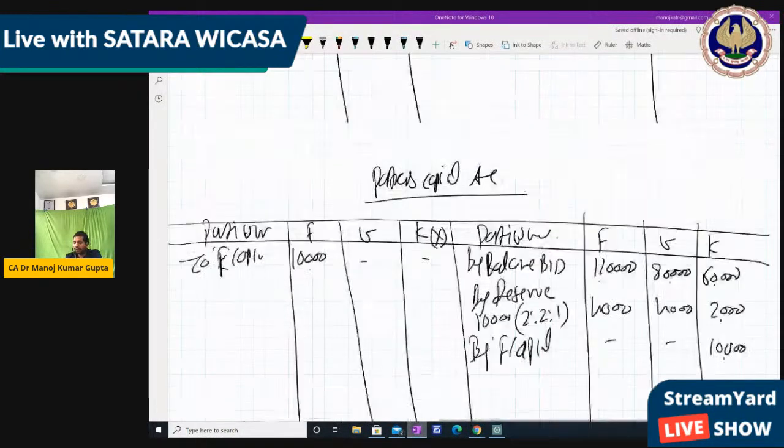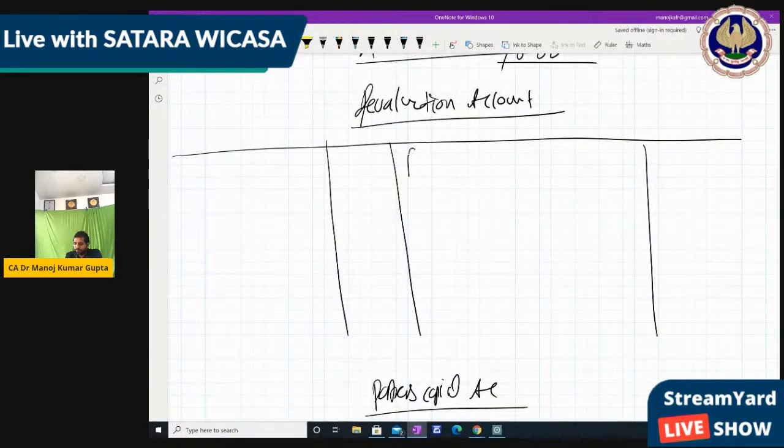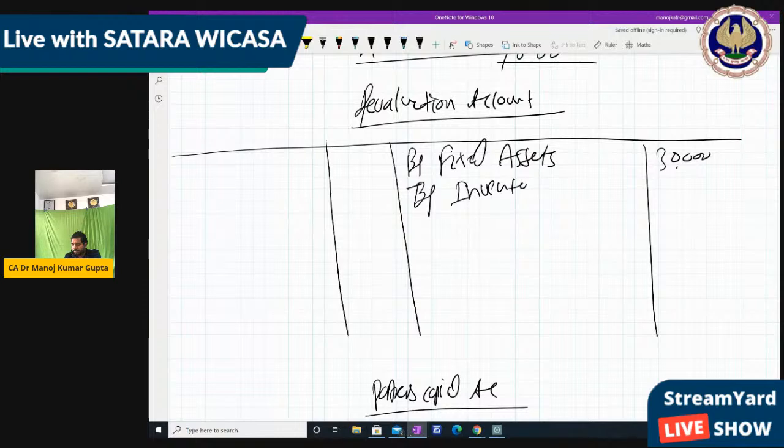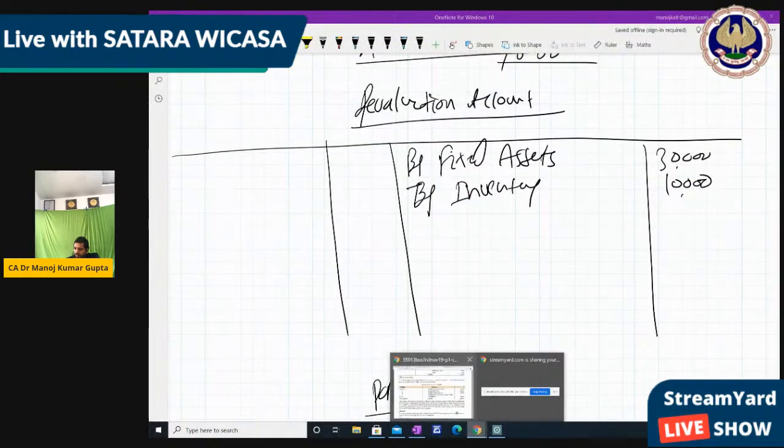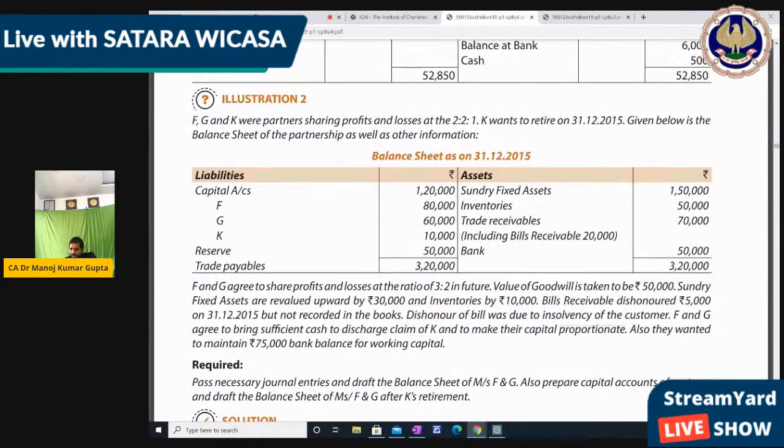So we write in the revaluation account by fixed assets 30,000 and by inventory 10,000, right? So this is the revaluation effect. Now other effects we can also give in the balance sheet so that we get the complete effect of this transaction. But we complete this first.